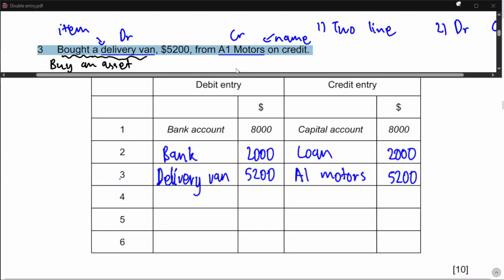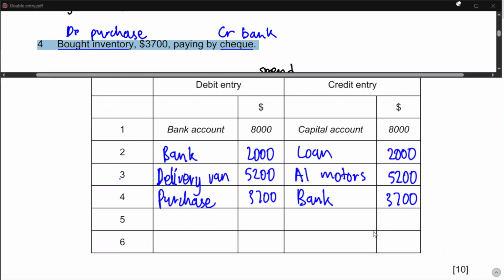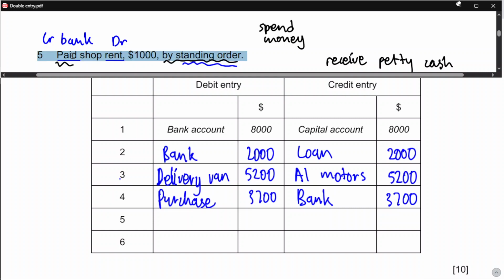Now let's go to the next line. Debit purchases and credit bank by 3700. Credit bank, debit rent by 1000.